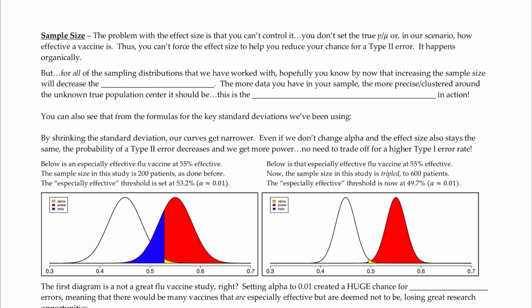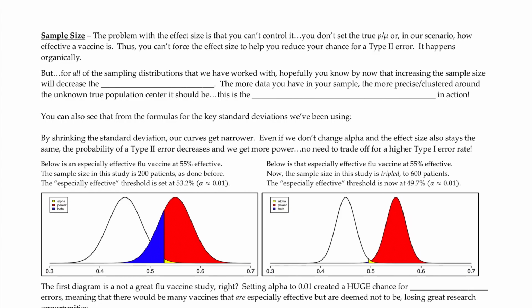And the thing is that you usually don't know that. You might have an idea, but you have to work with it hypothetically. If you did know the true efficacy rate for these vaccines, then all these tests would pretty much be useless to you. So it's much more hypothetical than what we're going to talk about now.